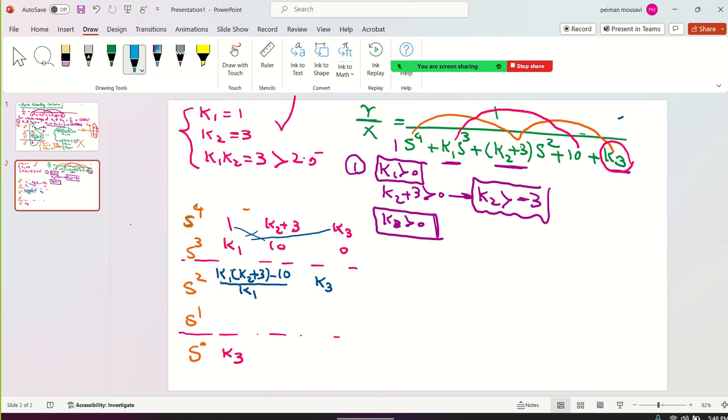So this by this is going to be 10 times (K1 K2 plus 3 minus 10) divided by K1, this by this minus this by this minus K1 K3, all of these divided by what?